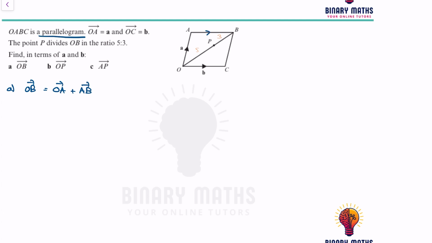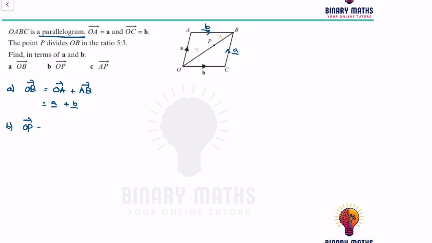So that means A to B will also be B and C to B will also be A. So in the same direction, yeah? So O to A is A and A to B is B. So we end up getting A plus B.